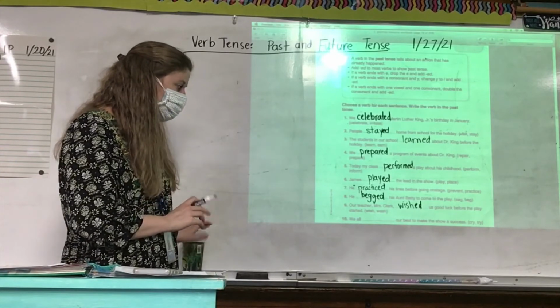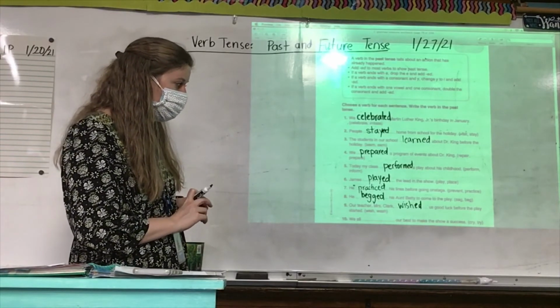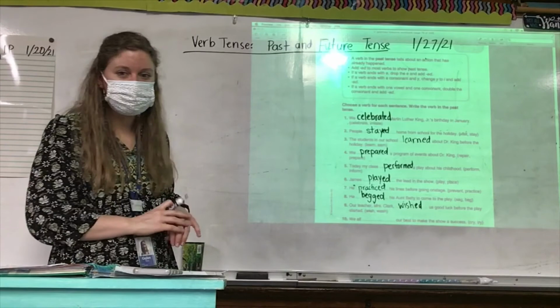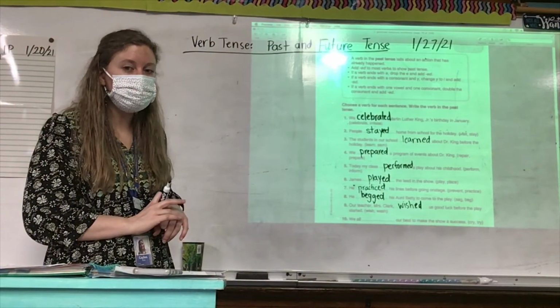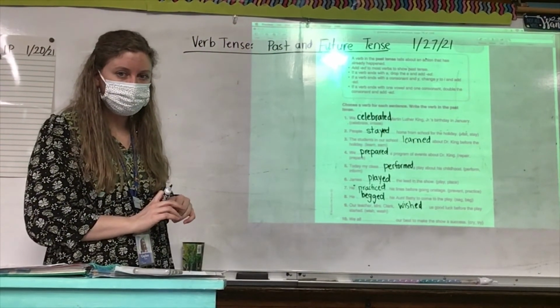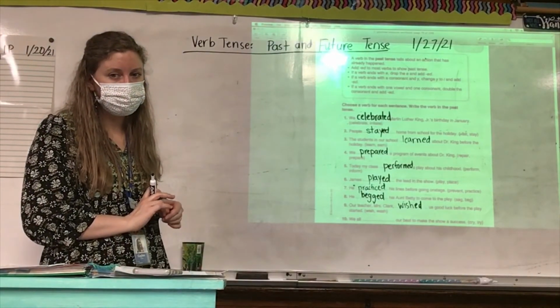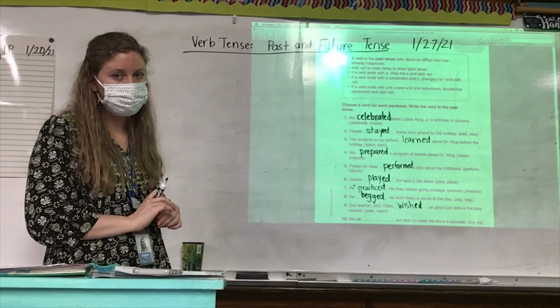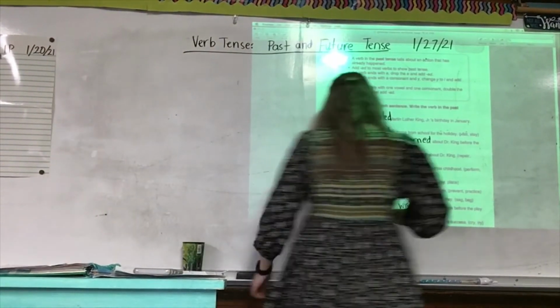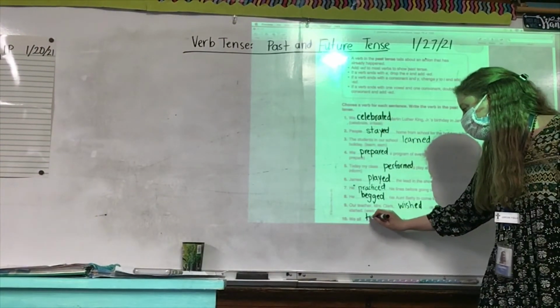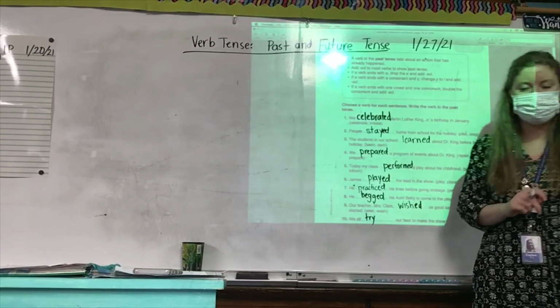So, Carla, we all blank our best to make the show a success. Is it cry or try? Try. But now we have to make it past tense. How do we make try past tense?